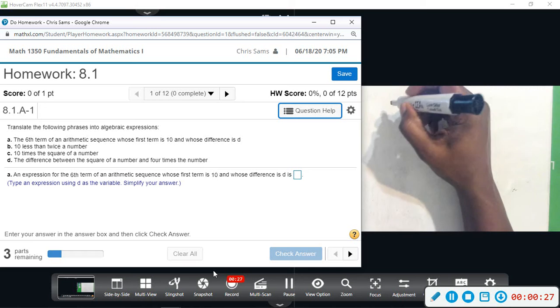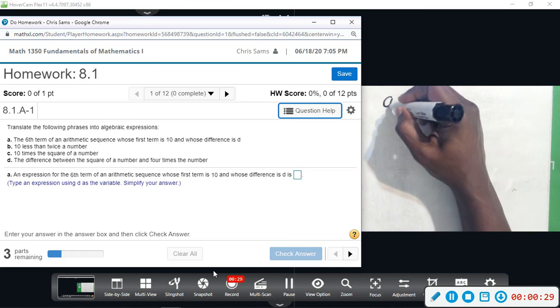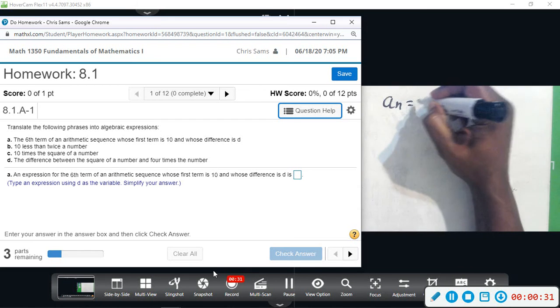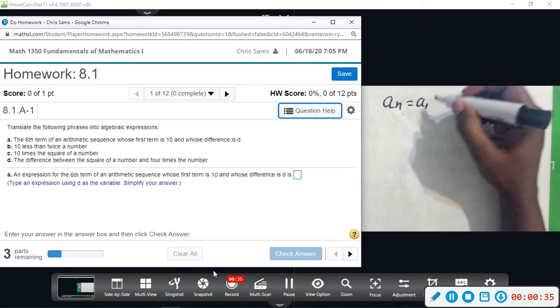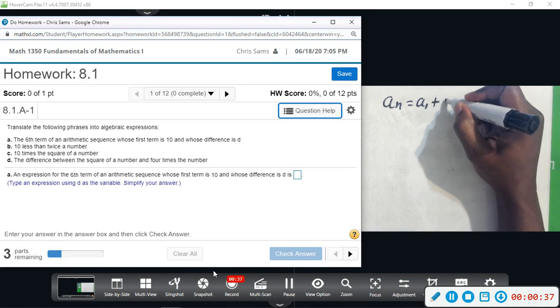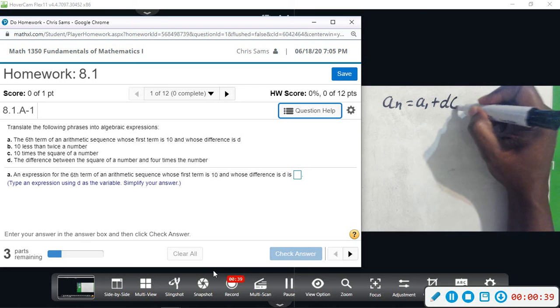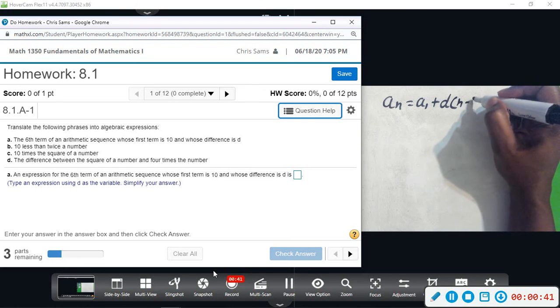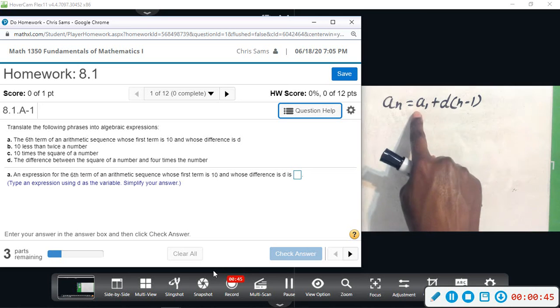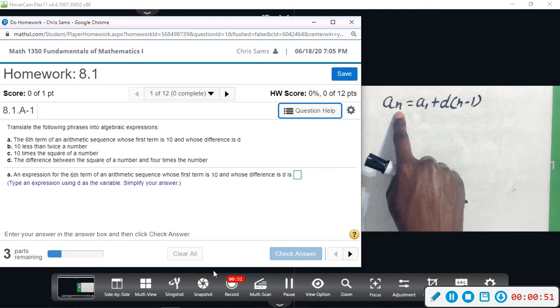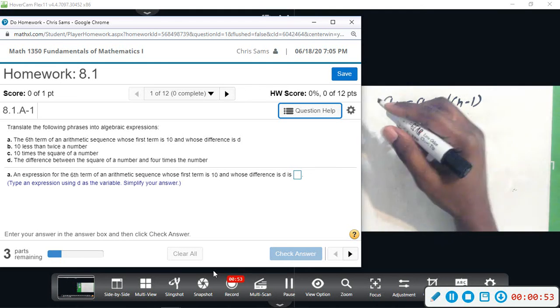So an arithmetic sequence has the following formula: AN equals A1, which is the first term, plus the common difference times N minus 1. Okay, so all I want to do is convert this into an expression. So we're going to plug in 10 here, and N is 6, so this is the A6 term.